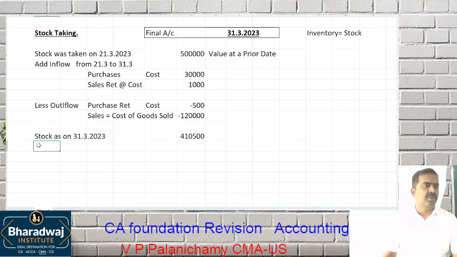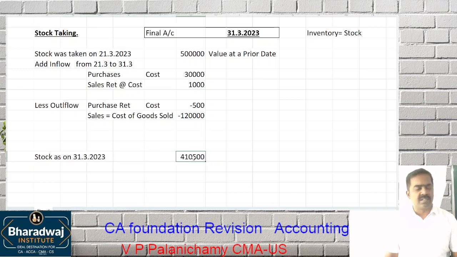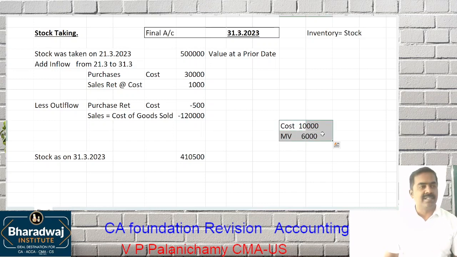From the stock, you will provide for certain damages. For example, you find that some stock has a lower value. Some stock has a cost of 10,000 rupees, but the market value is only 6,000 rupees. It's slow moving stock, dead stock, outdated stock. If you sell it, you will get only 6,000. You will value the stock at cost or market price, whichever is less.